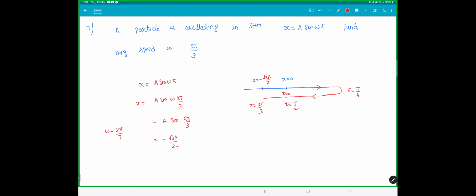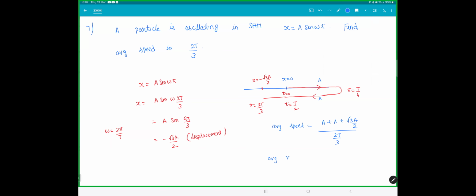So minus root 3 a by 2 is displacement, isn't it? This is not a distance. So the average speed would be: you have traveled a forward, a backward, then you travel root 3 a by 2, and the total time was 2T by 3. That was the average speed.